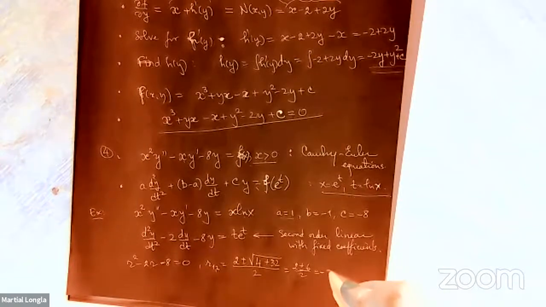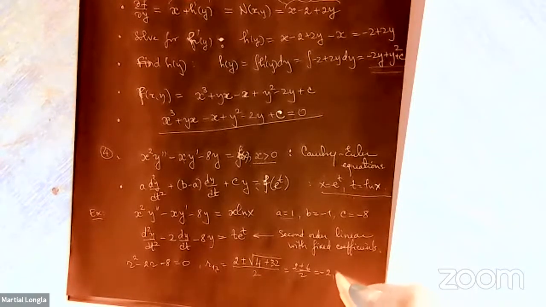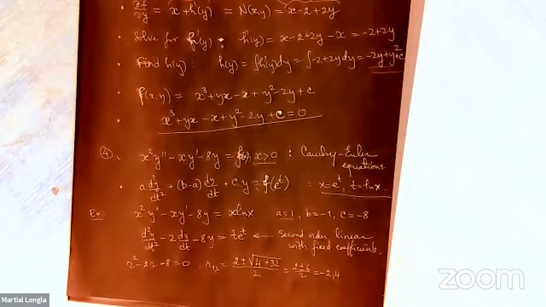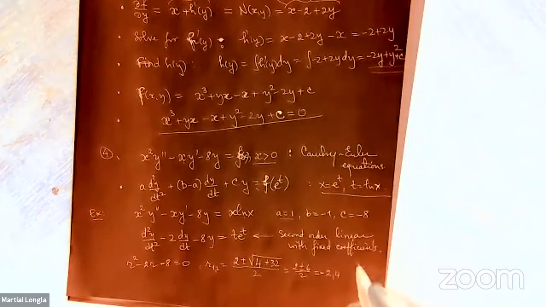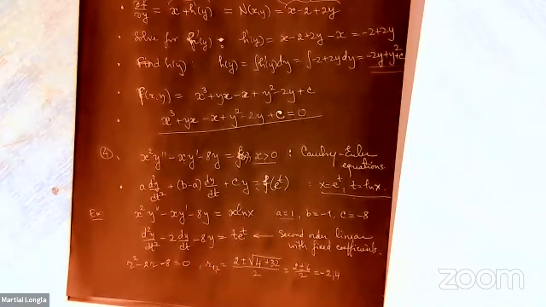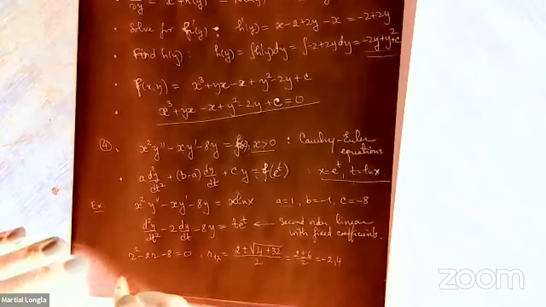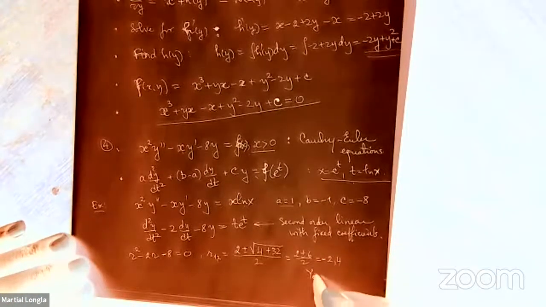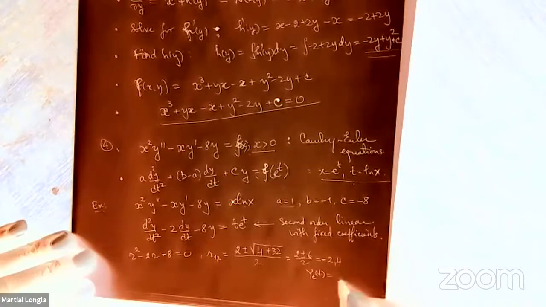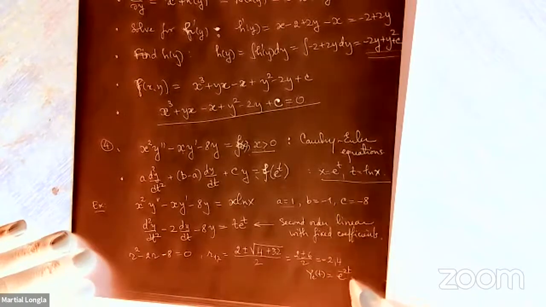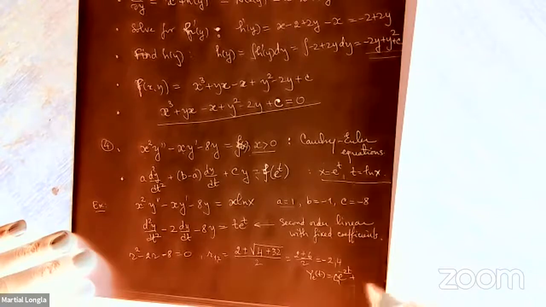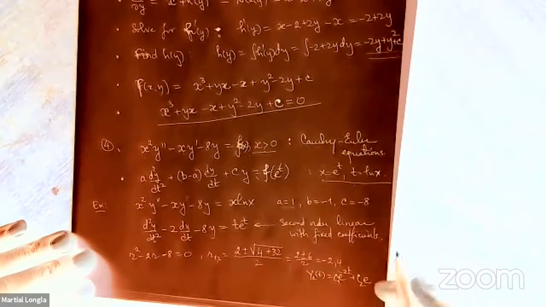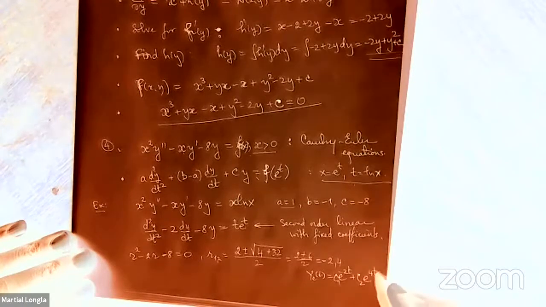That's minus 2 and 4. So the solution of the homogeneous problem is yc of t equals c1 e to the minus 2t plus c2 e to the 4t.